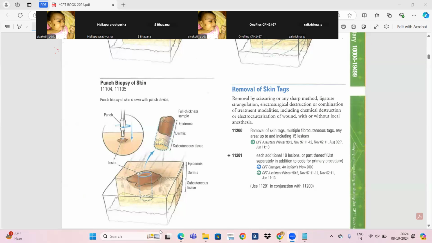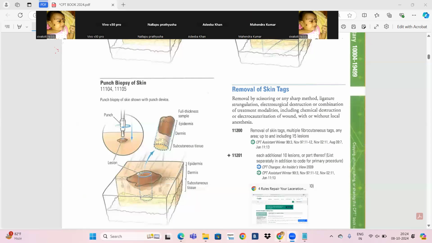11200. Some suggested 11200 and 3 times 11201, but we need to code only 11200.